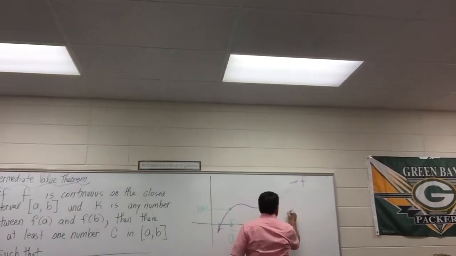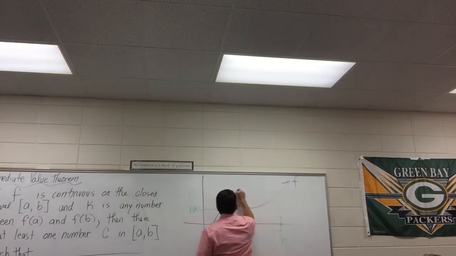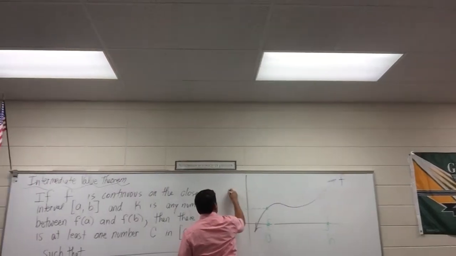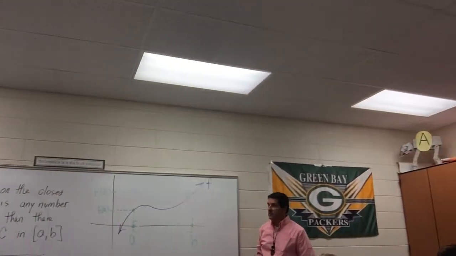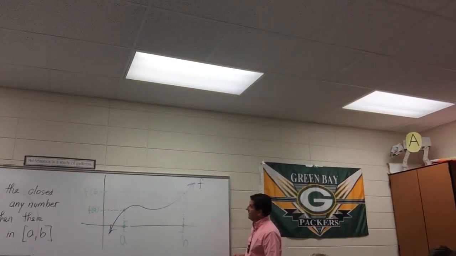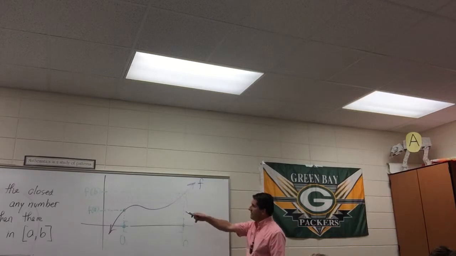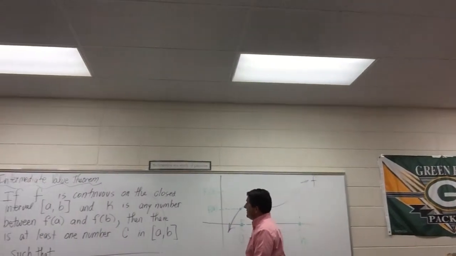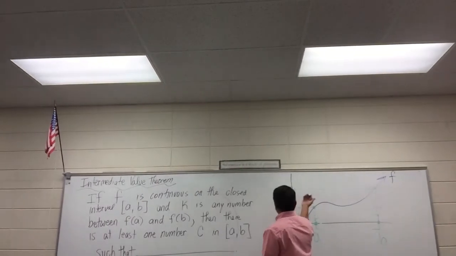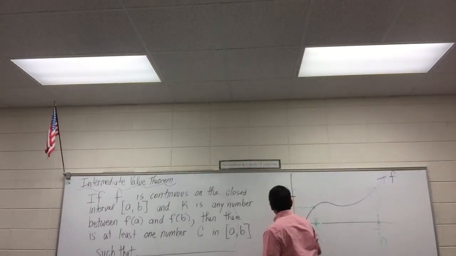And if I plug a b in, I get a y value, which is f of b. Okay? That's f of a, that's f of b. Those are the y coordinates. They call them the functional values. So it says k is some number between f of a and f of b. So I'll just put a k in there.